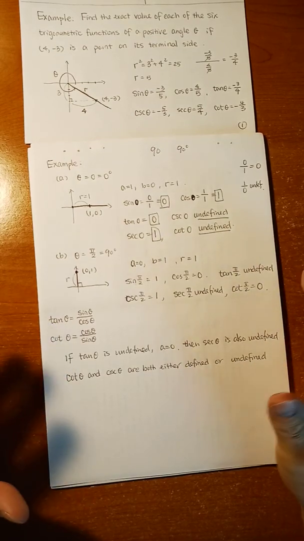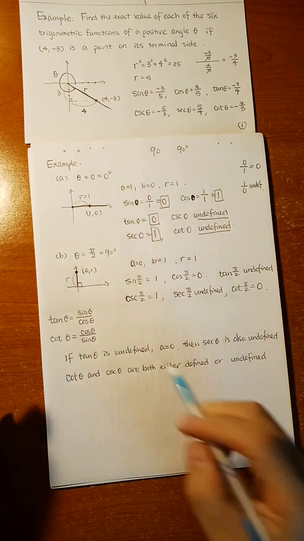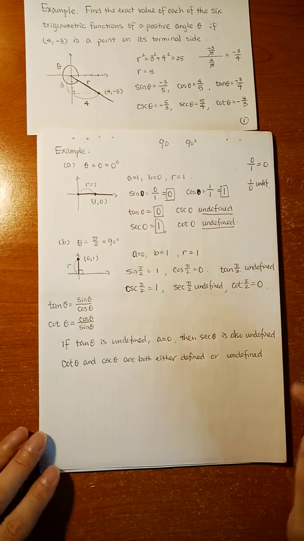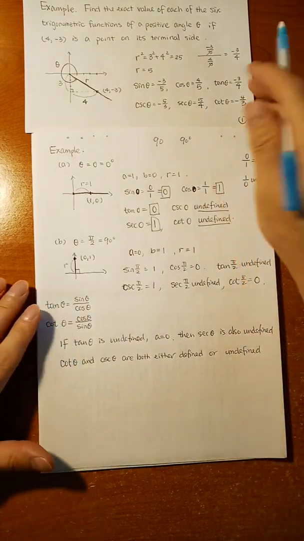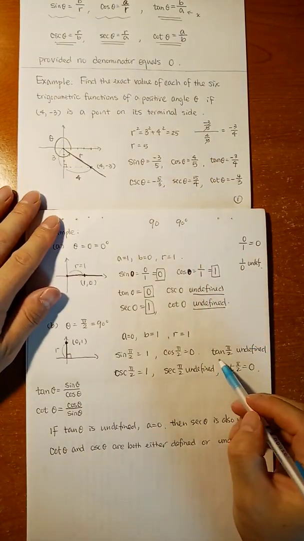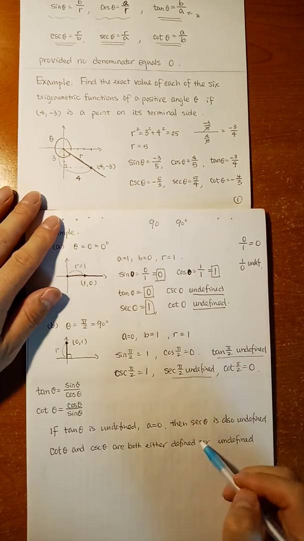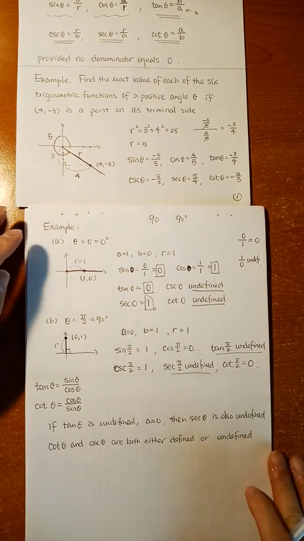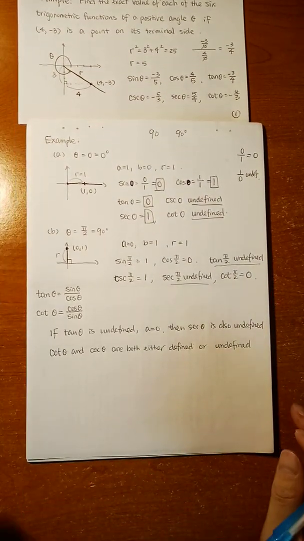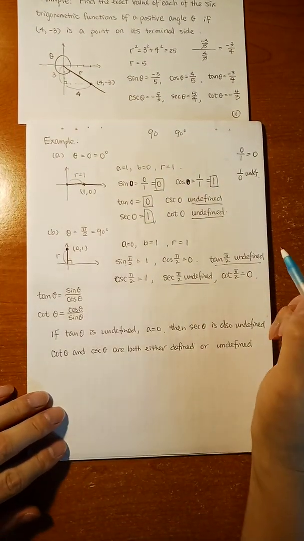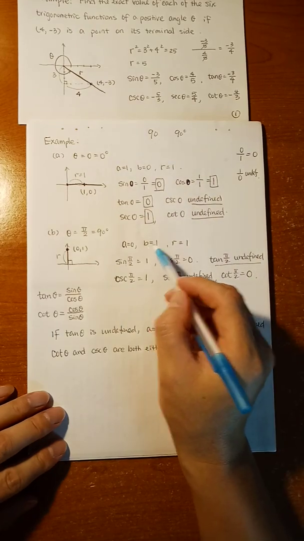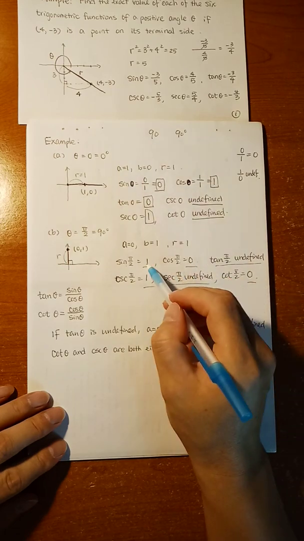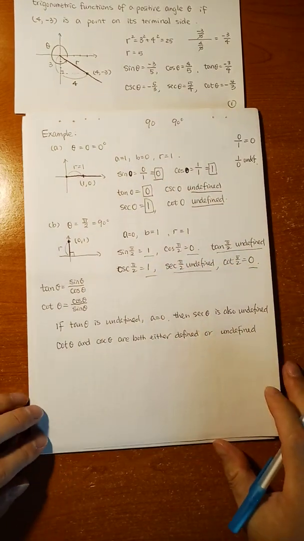You will never see the case when the cosecant is good and cotangent is bad. You will never see that. So tangent and secant undefined, cosecant and cotangent undefined, they are always paired for the undefined situation. Okay, so check here, for pi over 2, we get 2 undefined numbers and 4 good numbers.